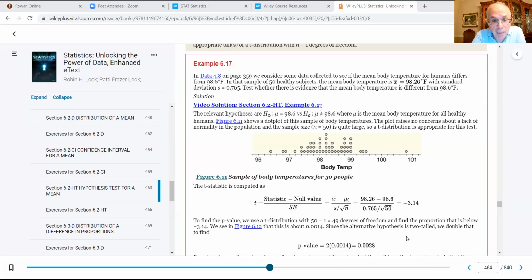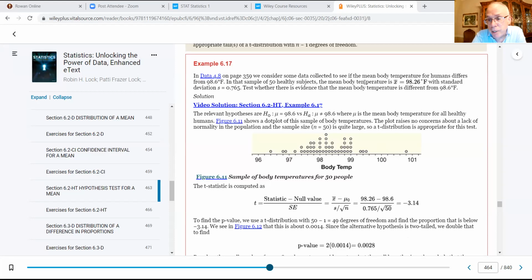So now we're going to go to step 5, where we're going to make our decision. Now, when they actually said to do the test, they did not tell you in the problem here what the alpha is. But let's assume alpha is 5%. The level of significance is 5%.